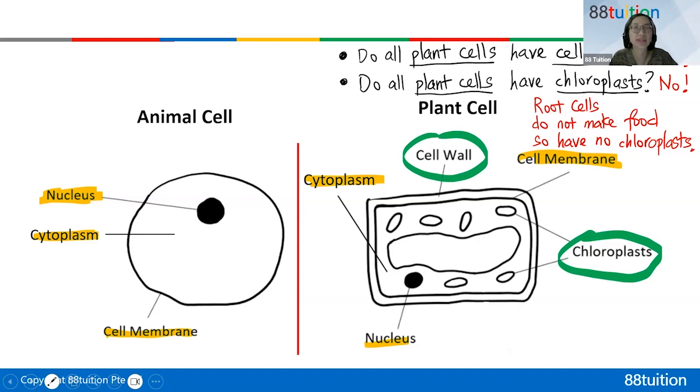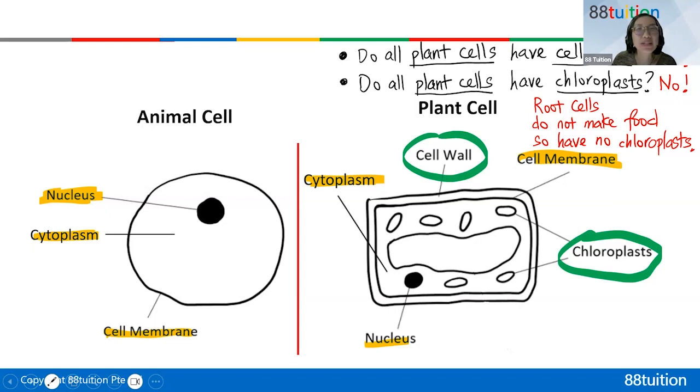Nucleus, there are 2 functions. See if you are able to give me both. Just now, cell membrane control movement. Then nucleus also will control. Levon, not movement. No more movement already. Movement is for membrane. Cell membrane control movement.